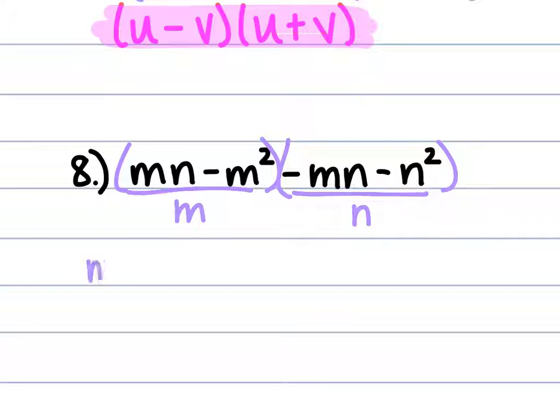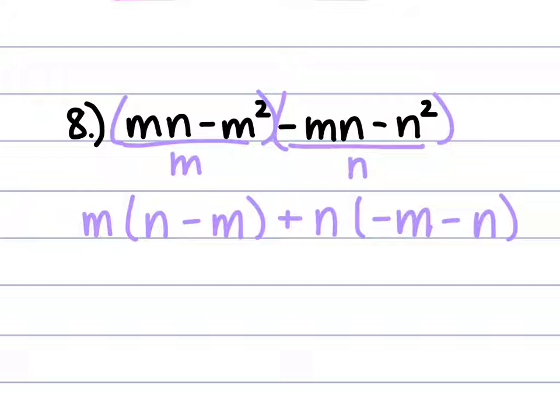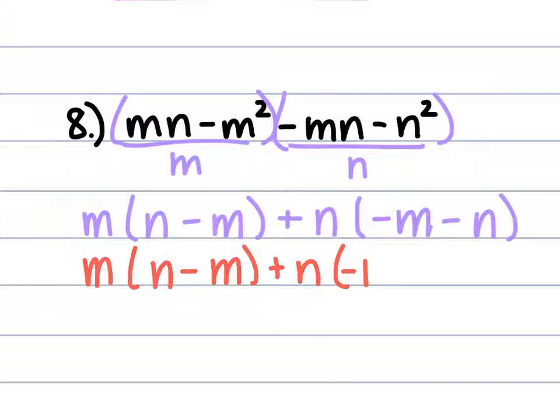So this is going to give me m times n minus m plus n times negative m minus n. So if I rearrange my terms in both sets of parentheses to be where my n is first, I'm going to do m times n minus m plus n times negative n minus m.